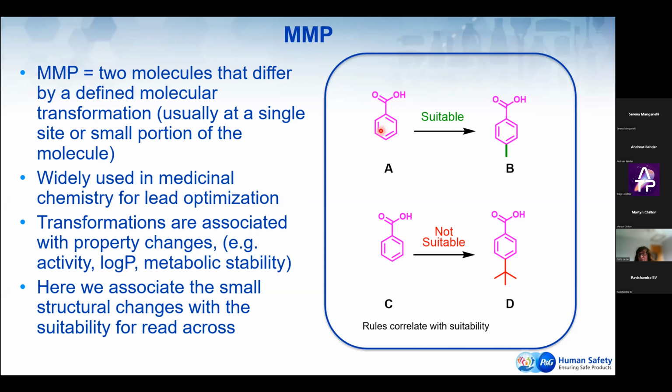So you can see that if we have benzoic acid as a compound of interest, a methyl derivative would be considered a suitable analog. But we know when we have a bulky substituent in the para position of benzoic acid, there's associated toxicity with that. So that would be a not suitable analog.